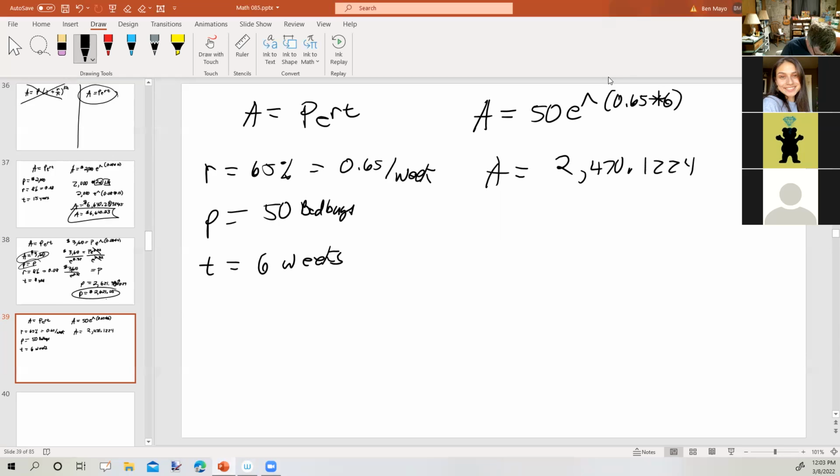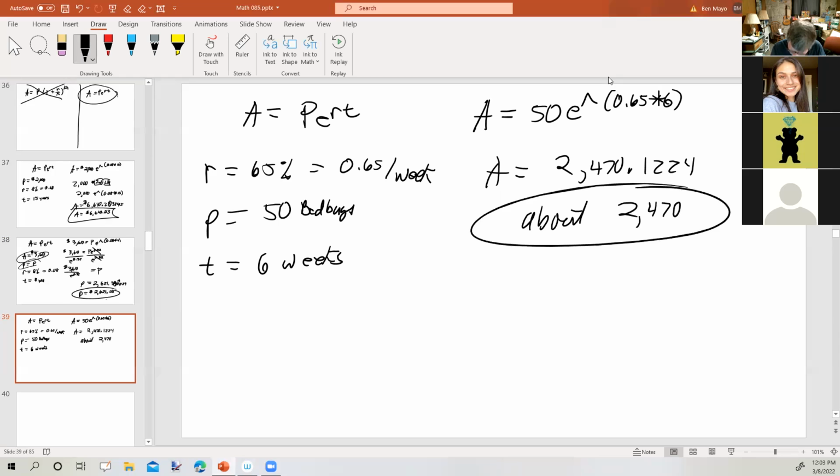So rounding to the nearest bed bug, we'd say about 2,470. If that doesn't make you hesitate about getting into your bed tonight, I don't know what will. Okay. Any questions about that problem?